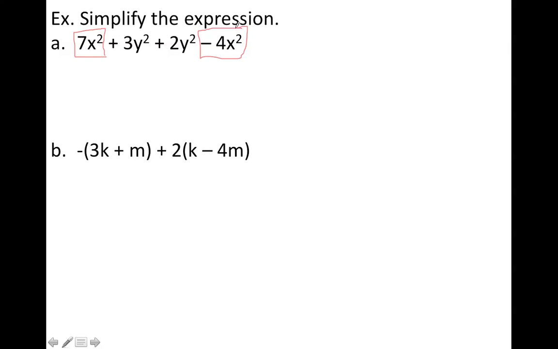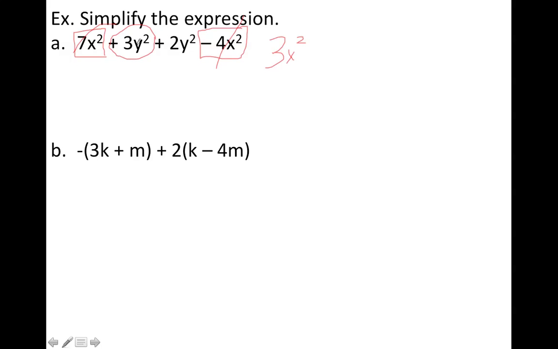When you combine them together, all you do is take the numbers out front, your coefficients, and use the mathematical term that is being used. So it'll be 7 minus 4, so we get 3x squared. You don't do anything with your variable. The variable stays the same, and so does your power. Okay, so we combine those together. Those are done. Then go back, look at your next term. I would circle it or do some other type of grouping.